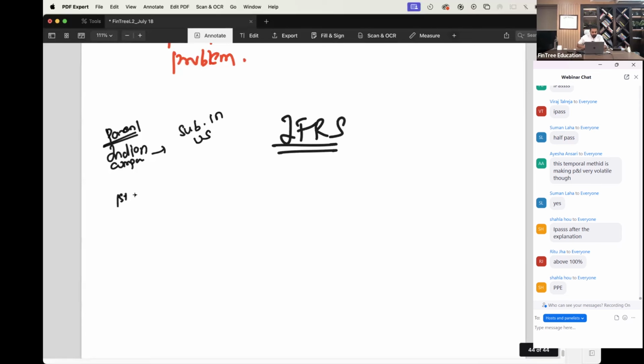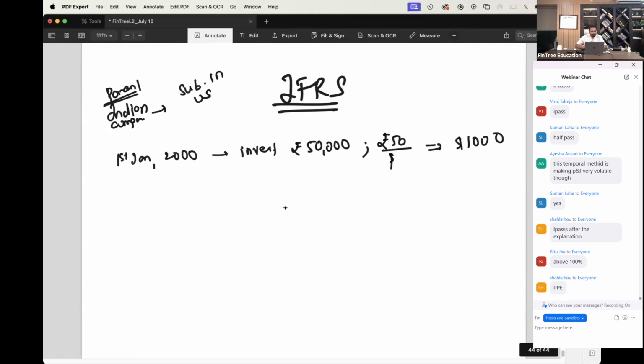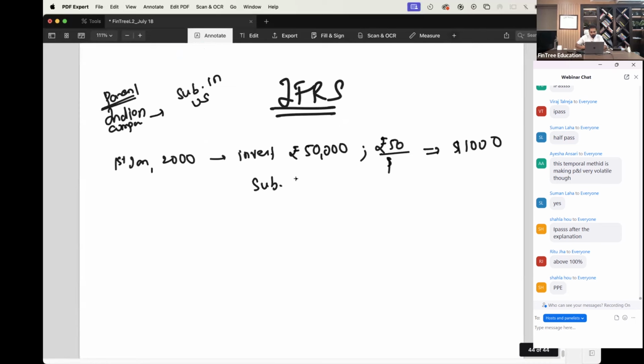Now, on 1st January 2000, let us say I invest 50,000 rupees in the subsidiary. That time the exchange rate was rupees 50 for a dollar. Therefore, the value became how much? $1,000.